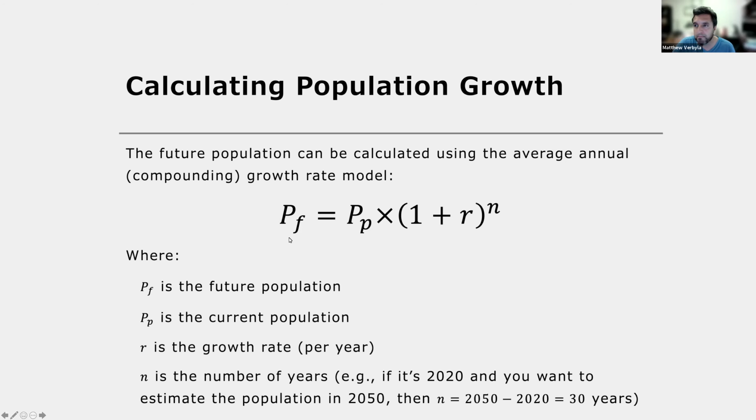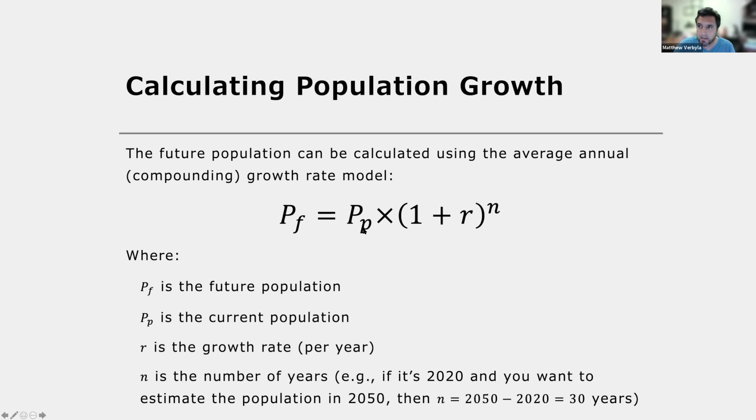At the same time, we can also calculate the growth rate if we know what the population was in 2 different years, and we calculate the difference between those years. So for example, if we had historical population, let's say in the year 1950, and we're comparing that with a current population of the year 2020, let's say, that's a difference of 70 years. So P sub F could equal 2020, the current year.